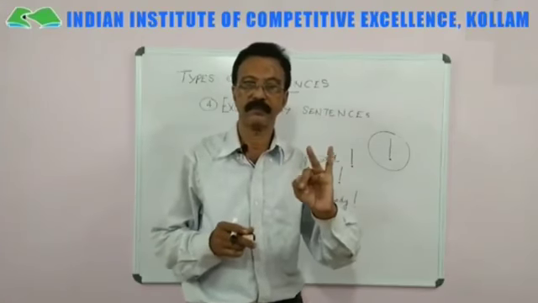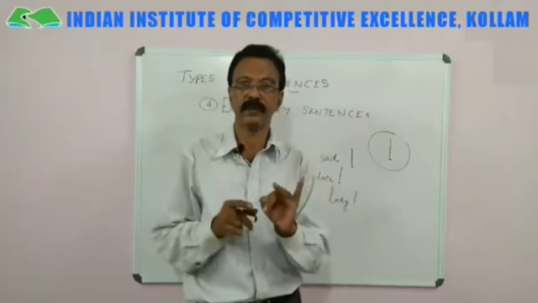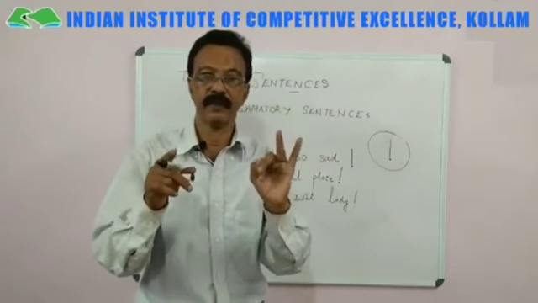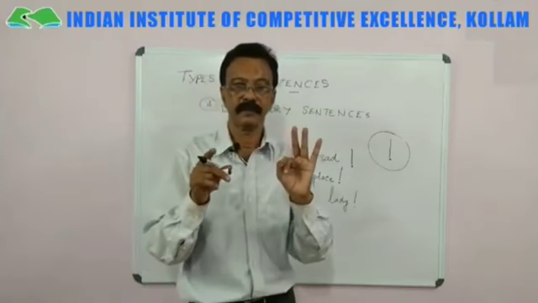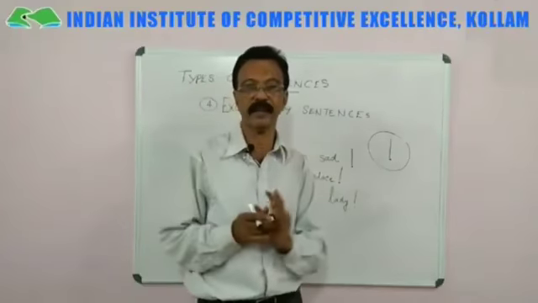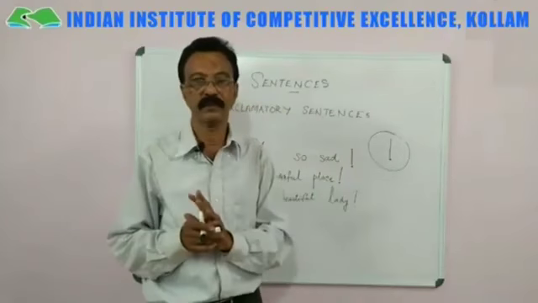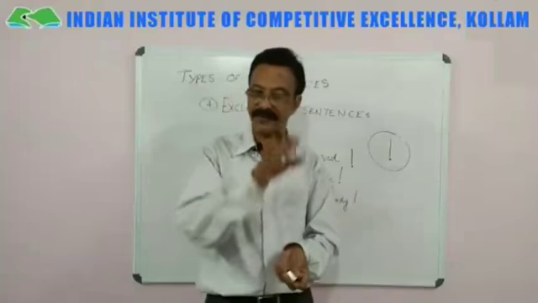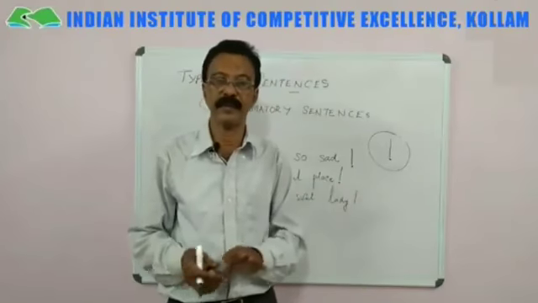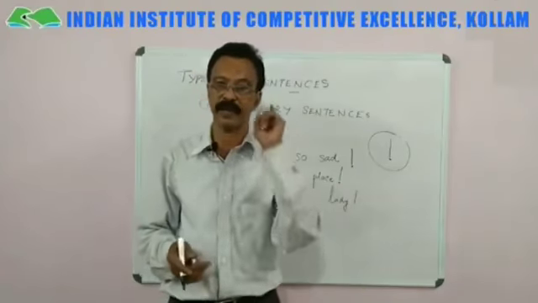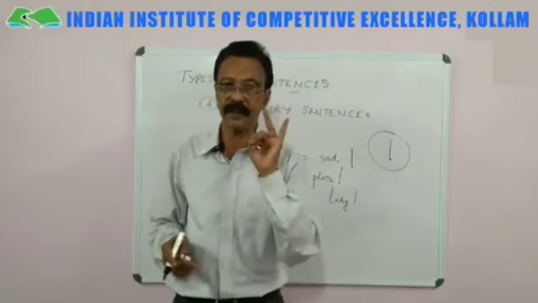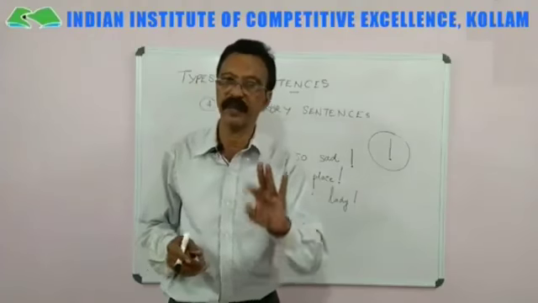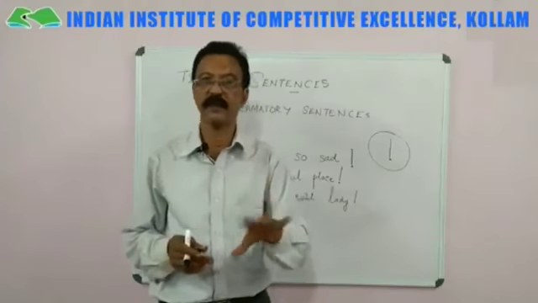Third, it's a time to think, you have to say it yourself: interrogative sentence. And the last one, exclamatory sentence. Now it's clear there are 4 types of sentences according to purpose: declarative, imperative, interrogative, and exclamatory.